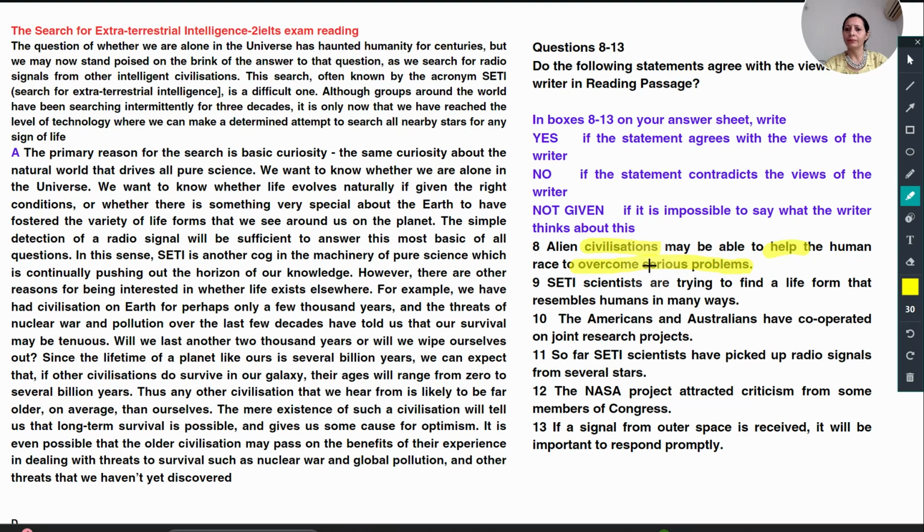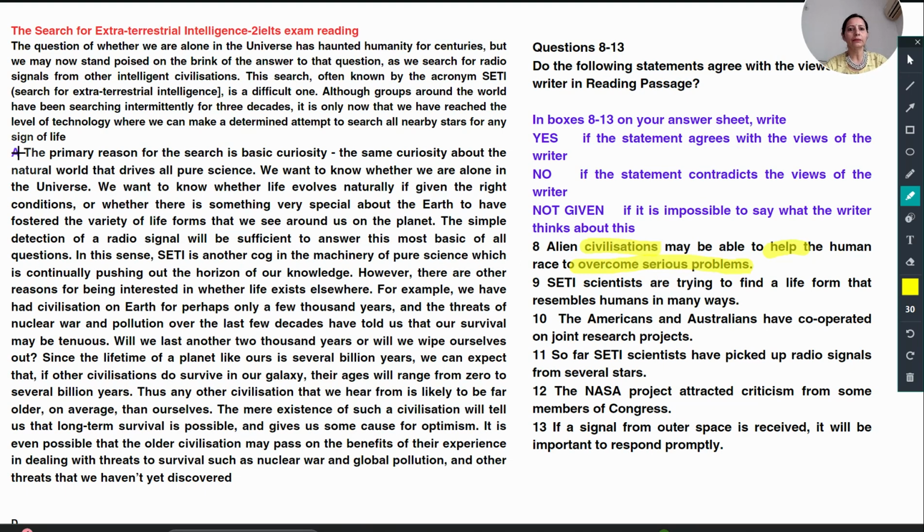After getting the location, we will read whether these alien civilizations are able to help human beings overcome serious issues on this earth or not. If they are able to help, then yes. If not, then no. And if they are not talking about whether people outside will help us in tackling any issue, then not given.